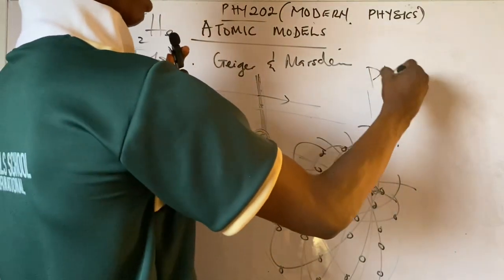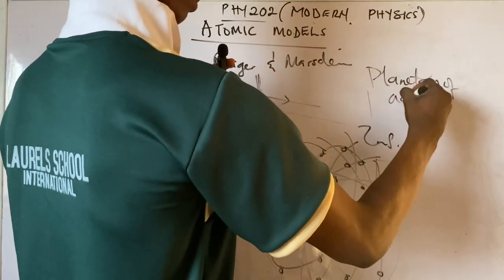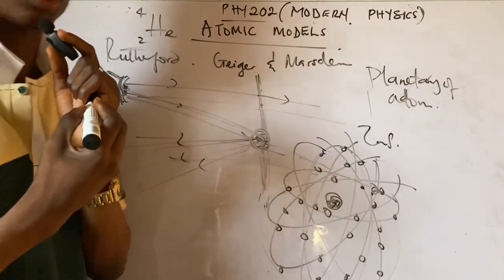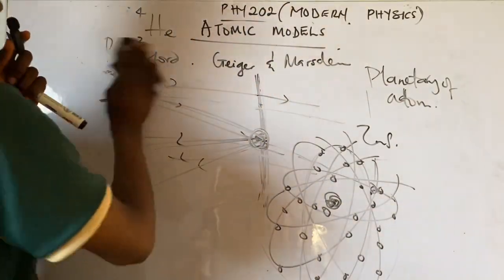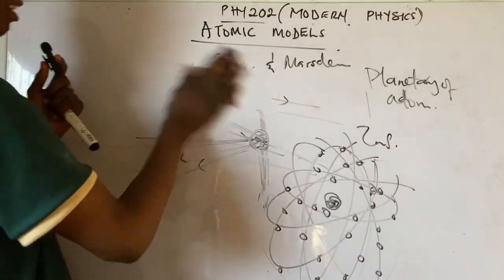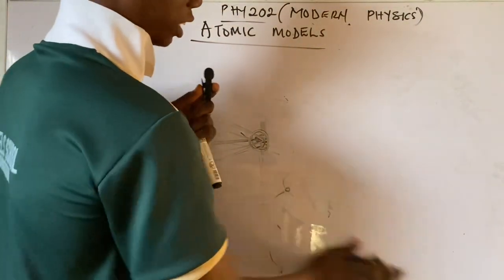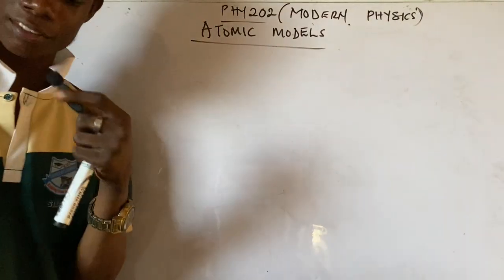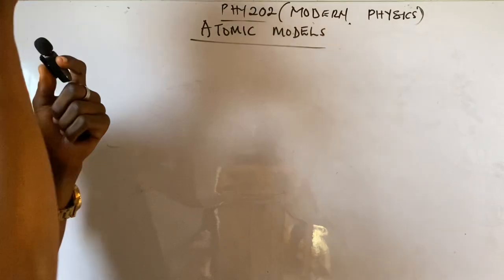So we call this the planetary model of atom. That was stated by Rutherford, and he won his Nobel Prize on that. He gave his very common statement that it was the most incredible event of his life, as if you fired a 15-inch shell at a light paper and it came back to you. Everyone knows that. So that is the Rutherford model of atom.